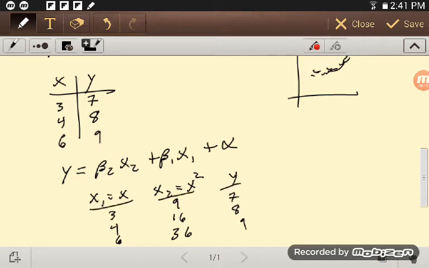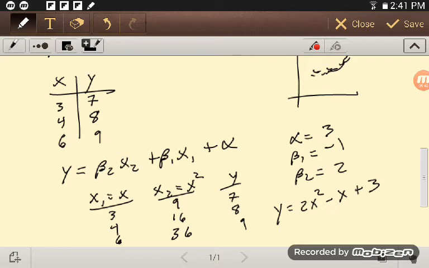But you see, it doesn't care, and so we just give this to the multiple regression. It will calculate beta 1 and beta 2, and alpha, and if it found that alpha was 3 and beta 1 was -1 and beta 2 was 2, then we would have y equals 2x squared minus x plus 3 as our model of best fit.